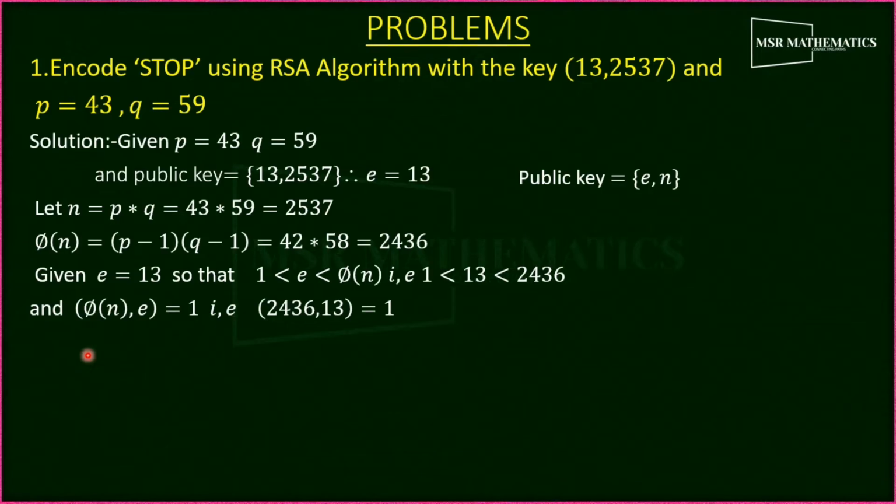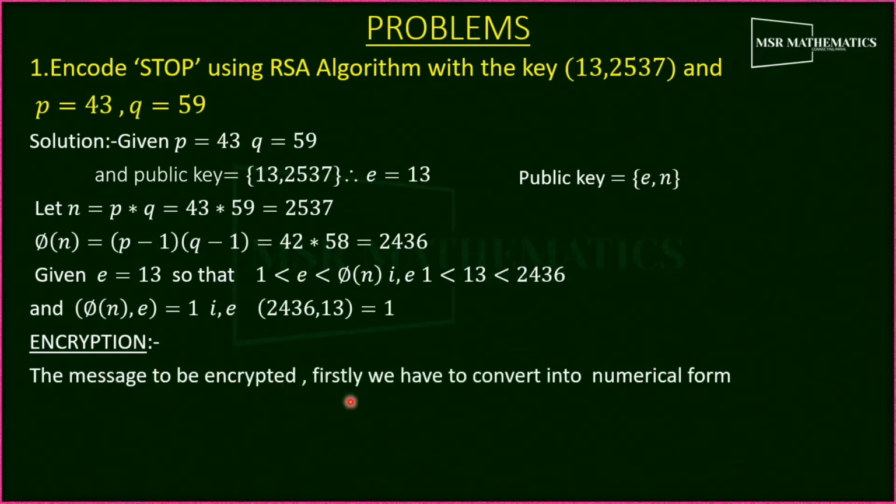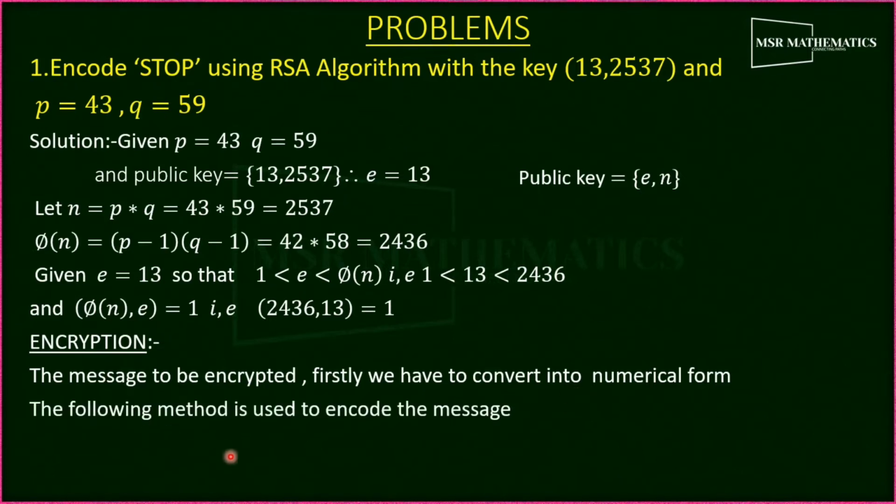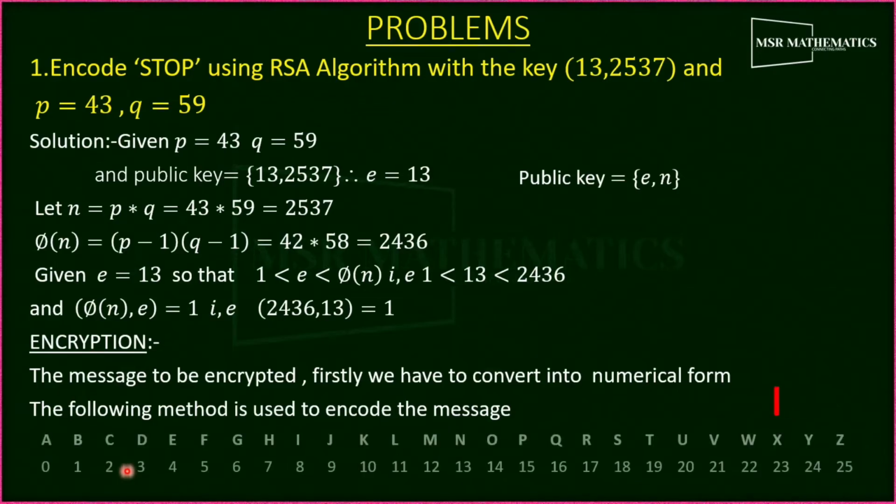After obtaining the e value, next we have to encode the message STOP. The message to be encrypted must first be converted to a numerical form. The following method is used to encode the given message.